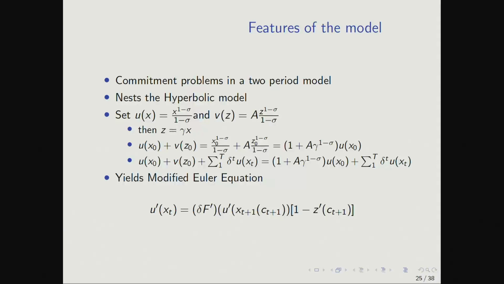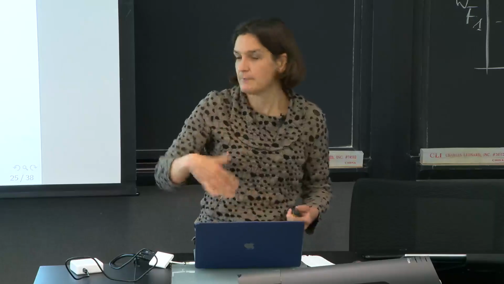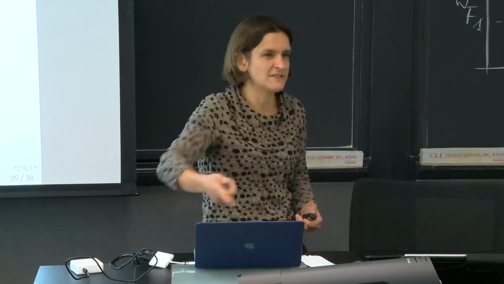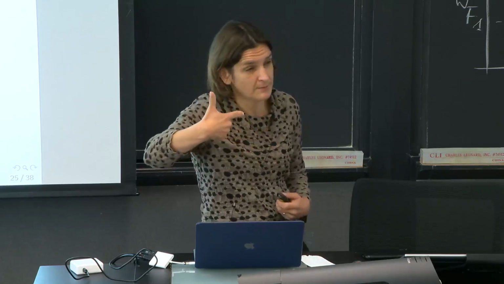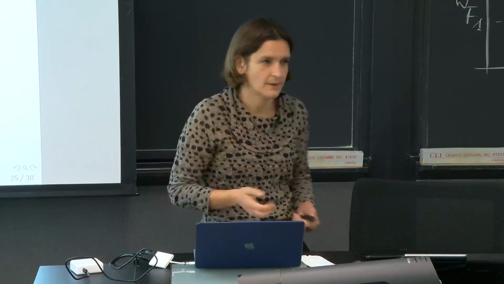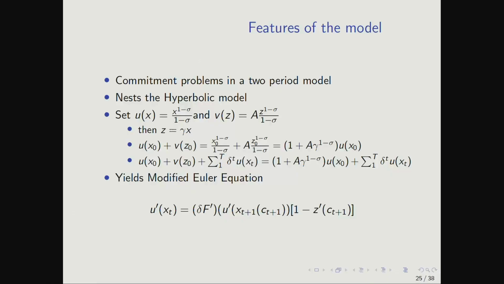In the future, if you save some money to be consumed in the future, some of it is going to be devoted to the z good, which you don't like. So this is now z of c.